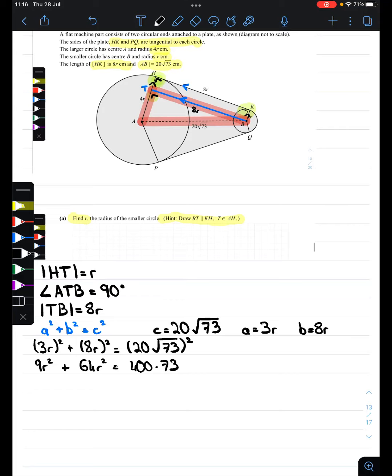Okay, so if we add these together, we'll get 73r squared equals 400 times 73. All right, so now we just see that the 73s nicely cancel, which kind of makes sense. It would be really weird for them to just randomly make it 20 root 73. So r squared equals 400 and r equals 20.